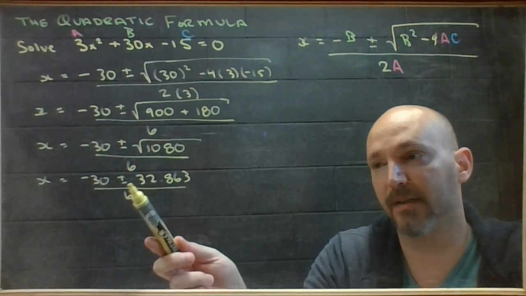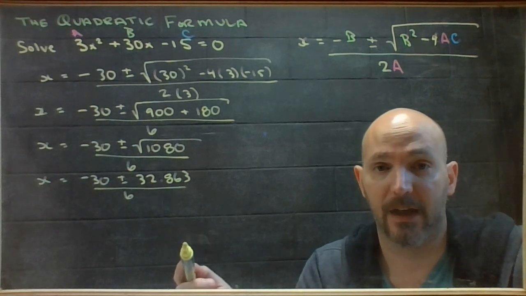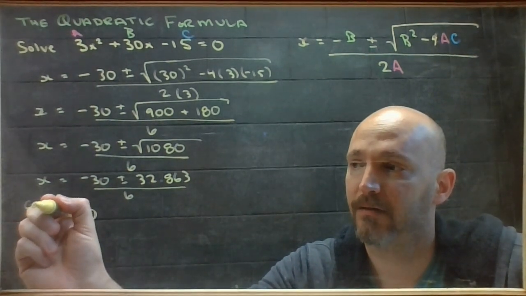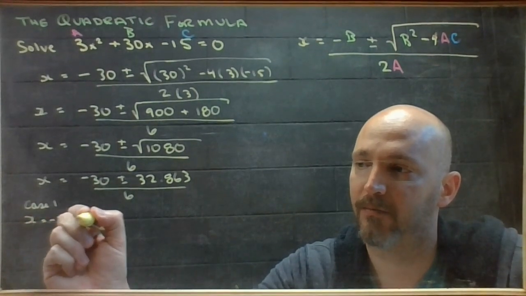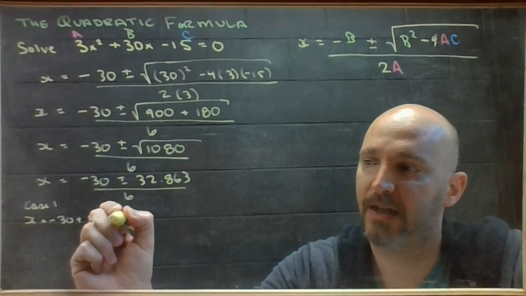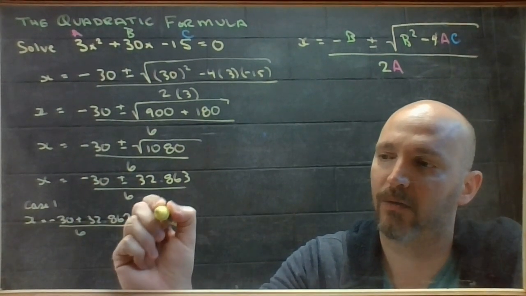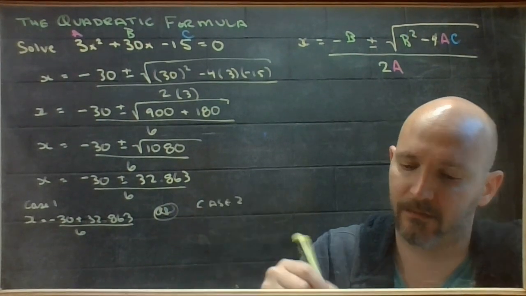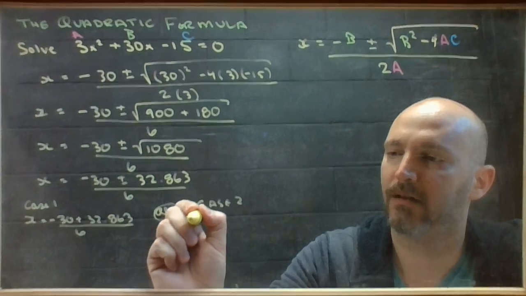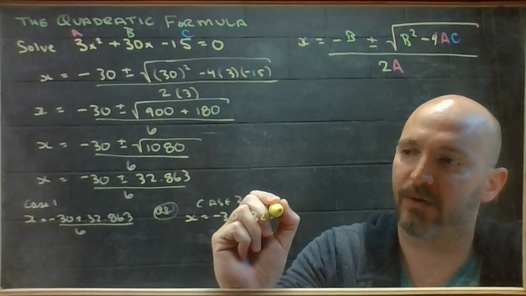And now I have this little plus minus to deal with. That's going to generate 2 cases. Case 1, x is negative 30 plus 32.863 over 6. Or case 2, x is negative 30 subtract 32.863.